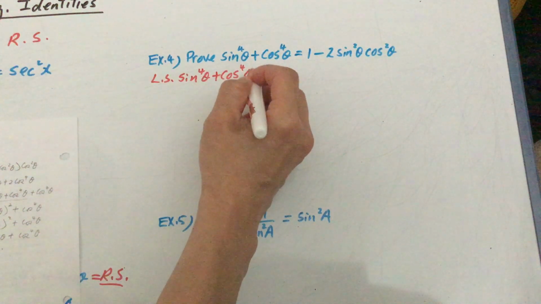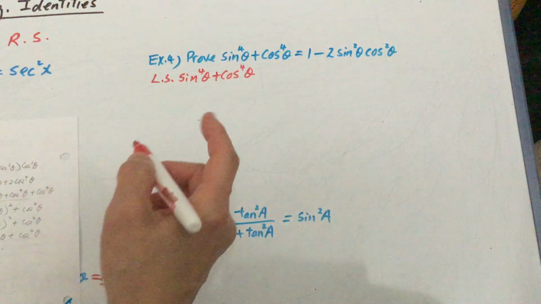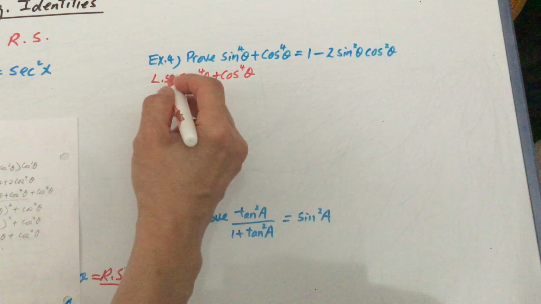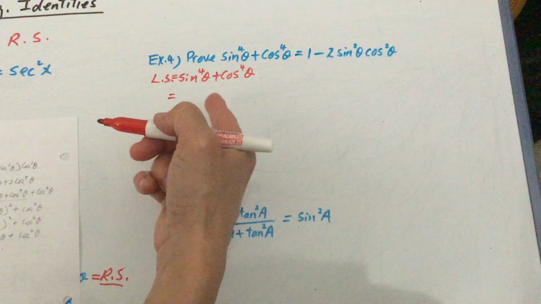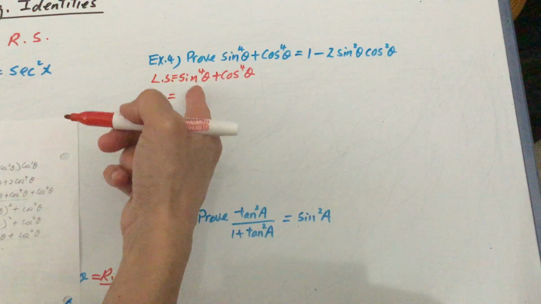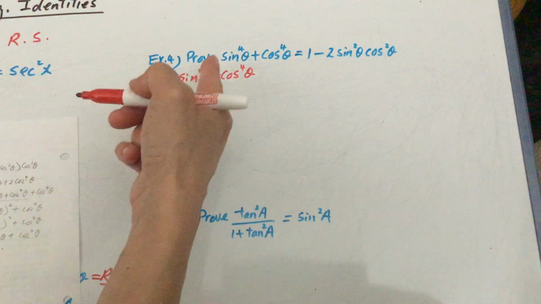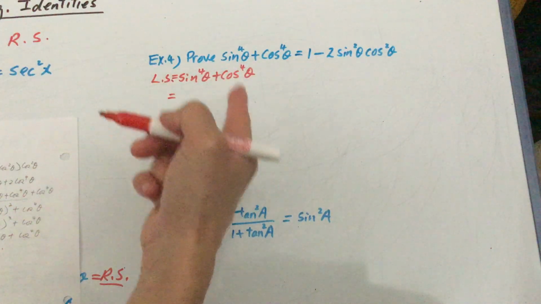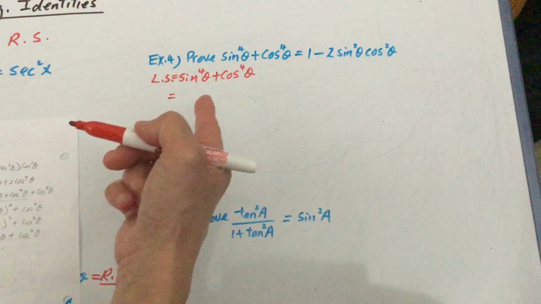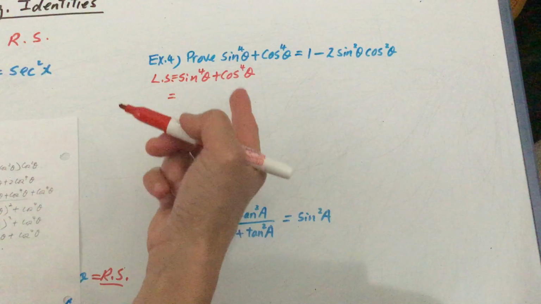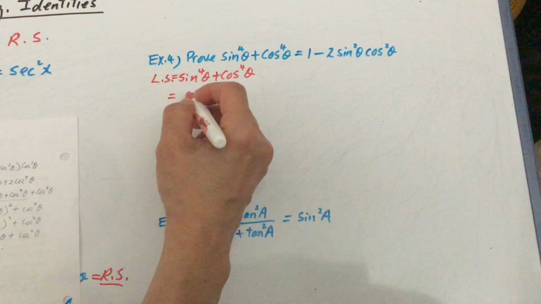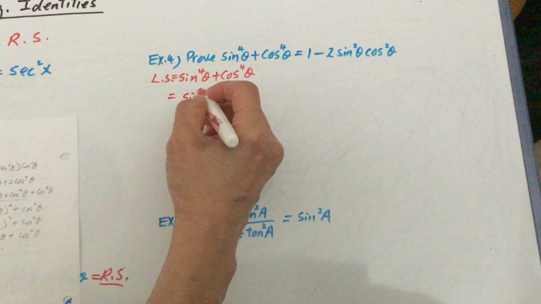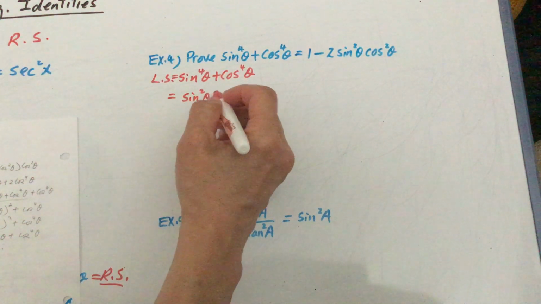Because there's nothing I know about sine to the 4th theta or cos to the 4th theta directly, but I know that sine squared theta and cos squared theta can be replaced by another expression. So maybe I can try something like this.